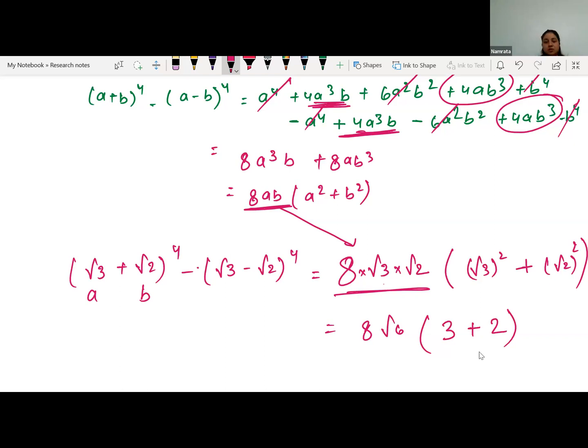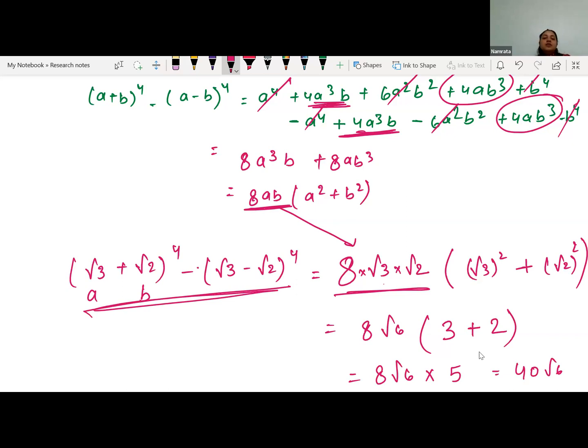So it will be 8 root 6 into 5. That means 8 times 5, 40 root 6. Is it okay? Yes, ma'am. So the value of this one is 40 root 6. This is our answer. How did we do so? By using the formula, by doing binomial expansion.